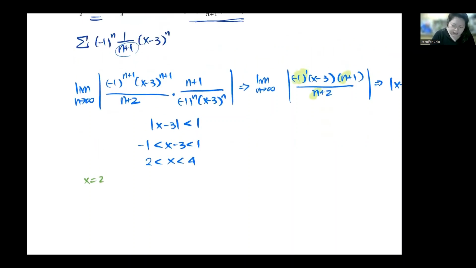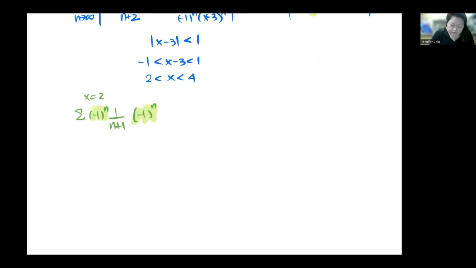What do I get? I get summation of -1 to the n, 1 over n plus 1, times x minus 3. Now, 2 minus 3 is -1, to the n. So this is really awesome because now these two are just going to cancel each other out. It's going to make it positive, actually. So now I'm left with just this series here, right? So I use a limit comparison test to check whether this series converges.